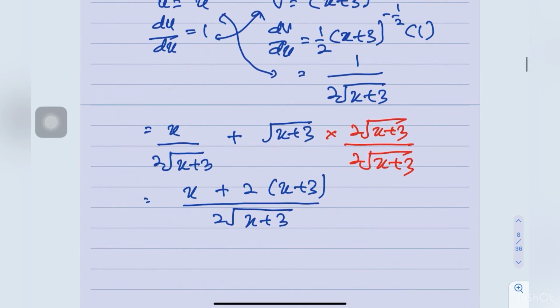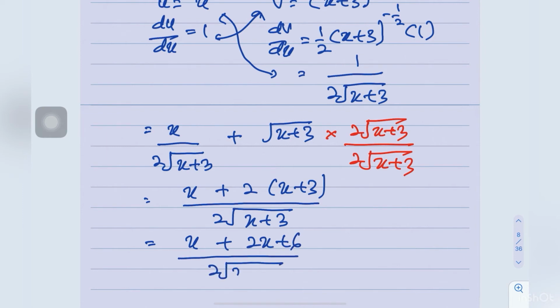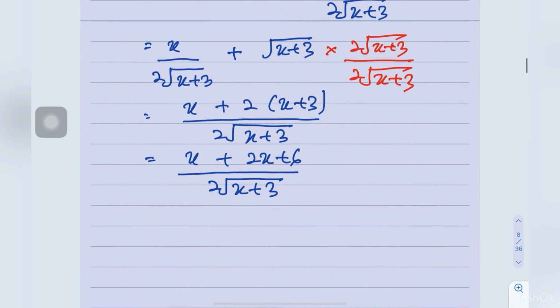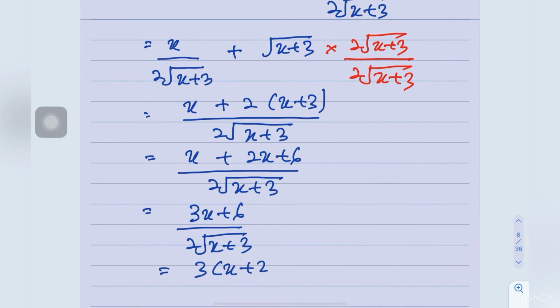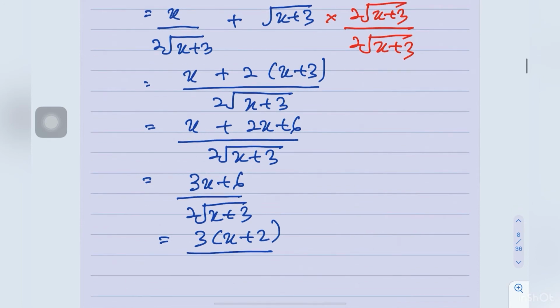Then we expand: 2x plus 6 over 2 square root of x plus 3, and finally we simplify, it becomes 3x plus 6 over 2 square root of x plus 3. Or maybe you can express it like this, 3(x plus 2) over 2 square root of x plus 3.